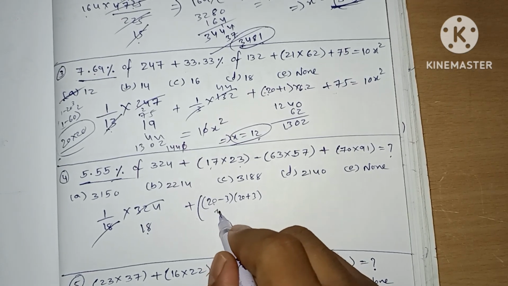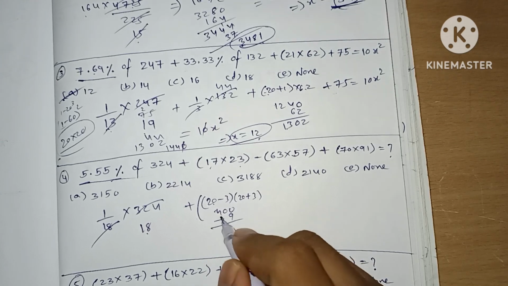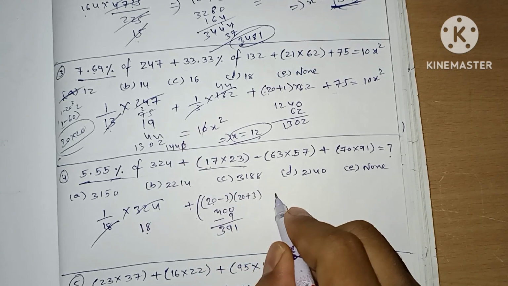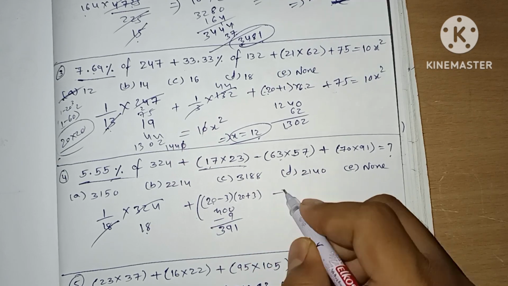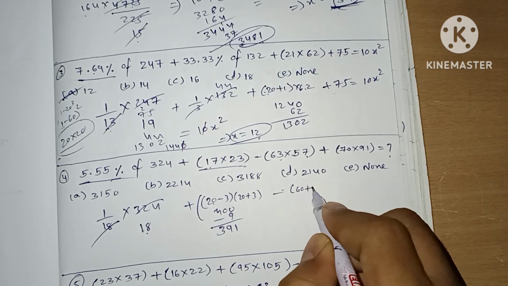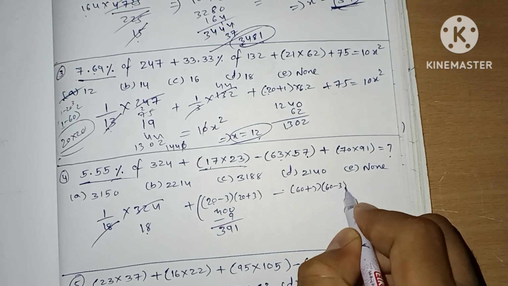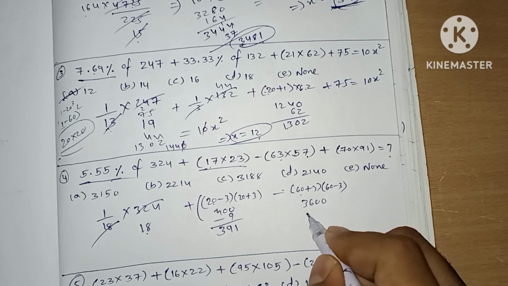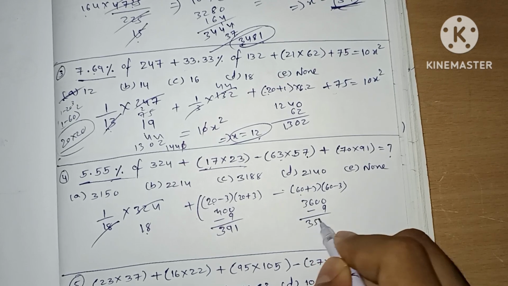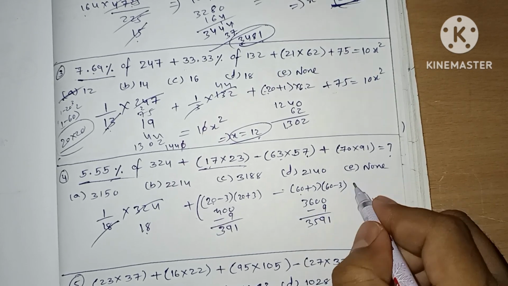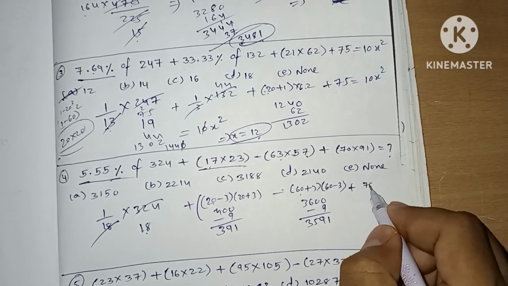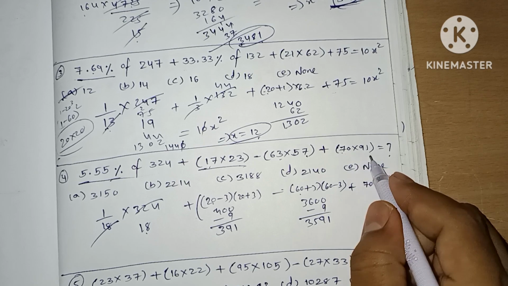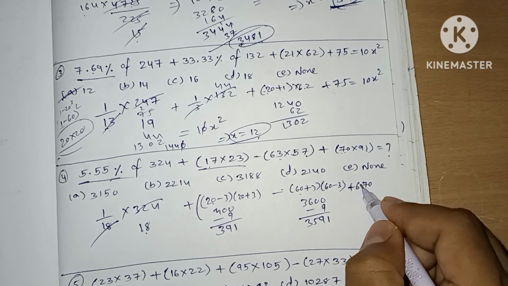So 20 square, which will be 400, minus 3 square, 9. So we get 391 for this one, minus, it is also clear that it is 60 plus 3 and 60 minus 3. So a square minus b square, 60 square, 3600, minus 9 will be 3591. Plus this is 70 into 91. 1 times is 7, 9 times will be 63.